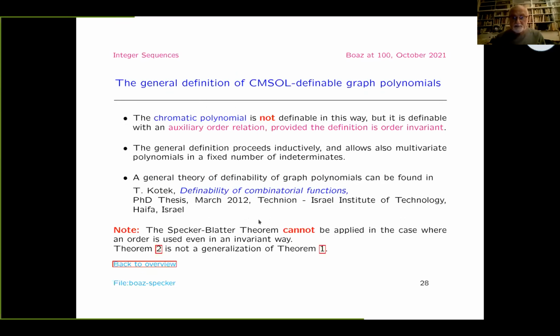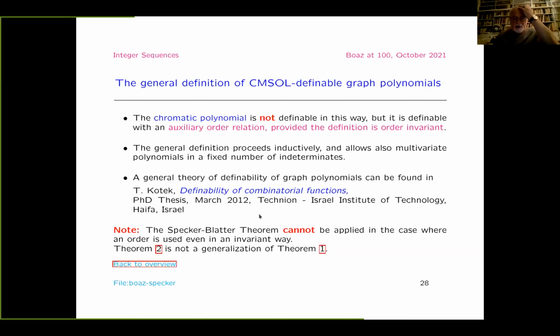not all of them. And if you do this more generally, then we see that the chromatic polynomial is not definable in this way, but it is definable with an auxiliary order relation, provided the definition is order invariant. The general definition proceeds inductively and also allows multivariate polynomials in a fixed number of indeterminates.